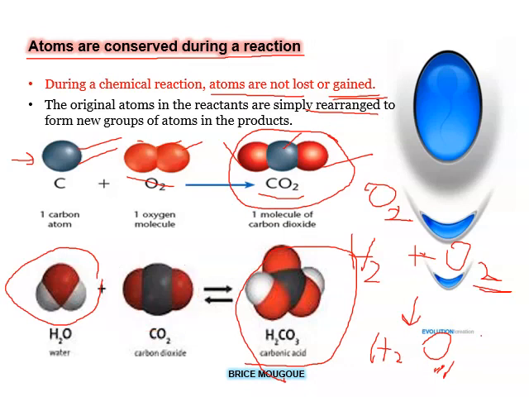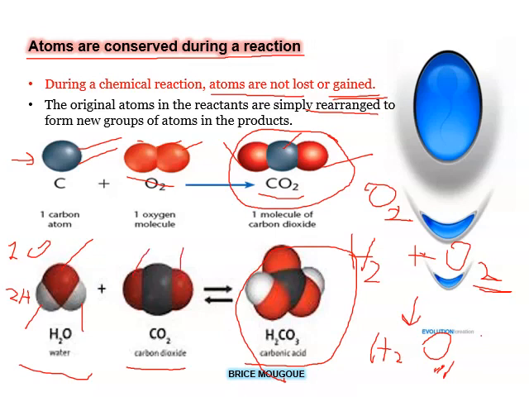But when we look at those molecules, what do we notice? Here we have, in the molecule of water, 1 atom of oxygen and 2 atoms of hydrogen. So let's keep in mind, we have 1 oxygen here and 2 hydrogen present here. And on the other side, with the carbon dioxide molecule, we have 2 atoms of oxygen.